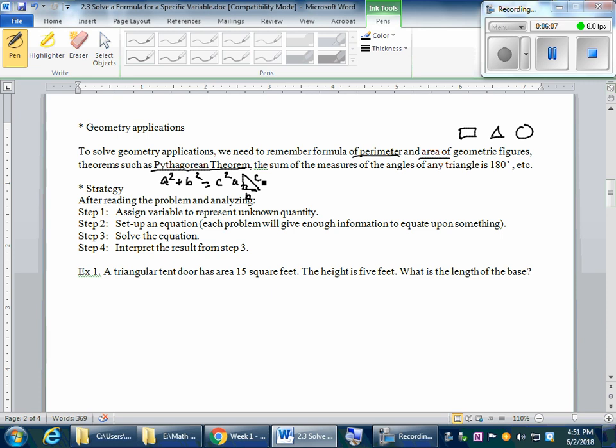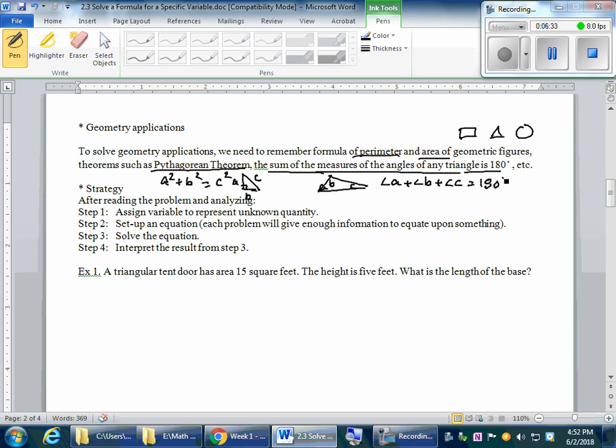And this is a theorem for the measurement of angles of triangles. So if you add all the angles inside the triangle, then it is equal to 180 degrees. So that means if you have A, B, C, angle A plus angle B plus angle C must be equal to 180 degrees, and so on and so forth.